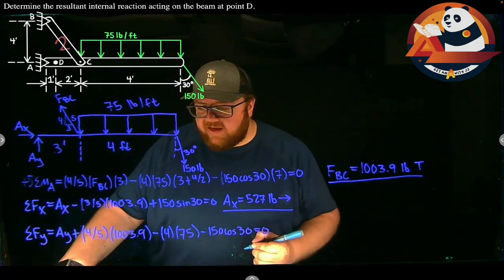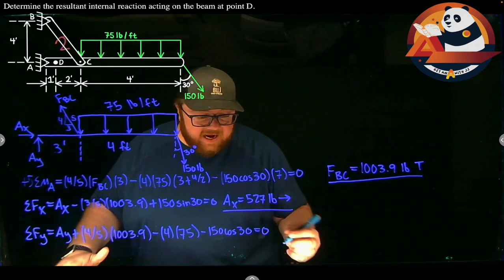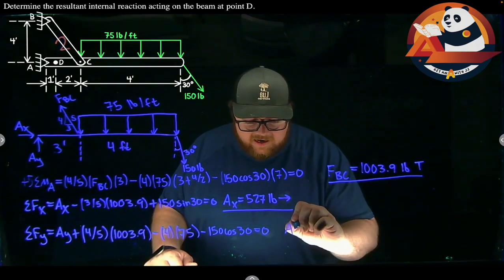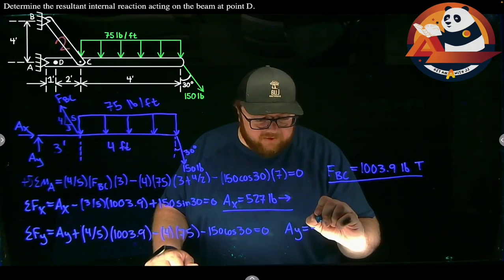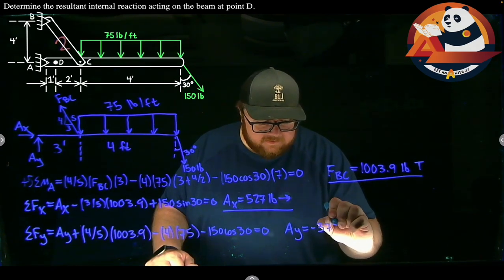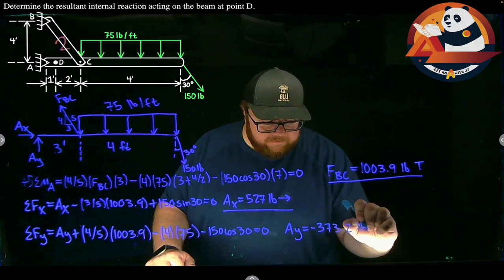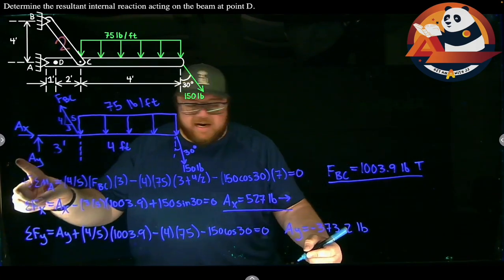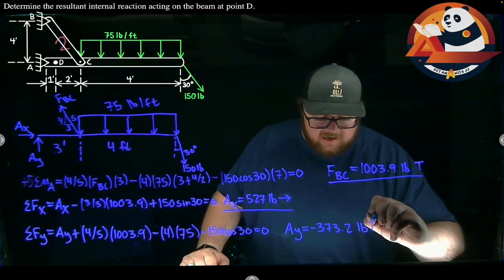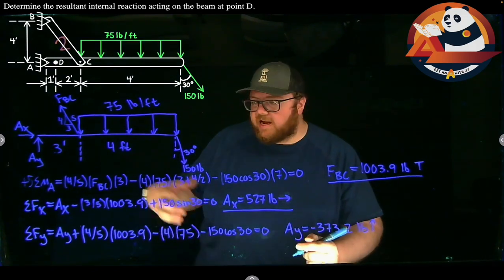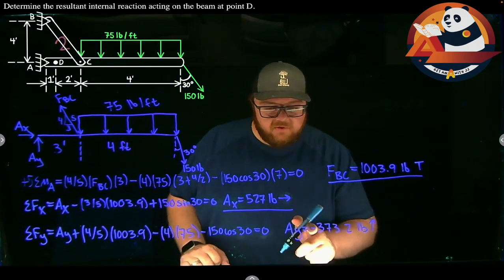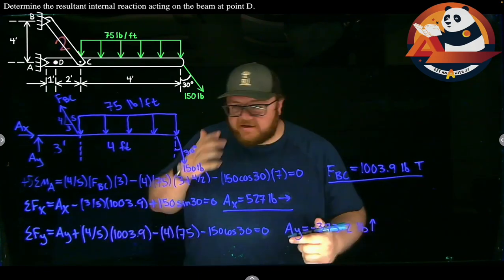If I solve that one for AY, I'm going to get a negative number here. AY is a negative 373.2 pounds. That was negative when I guessed that this was going upwards. For support reactions, we'll present it as a positive with the correct direction.